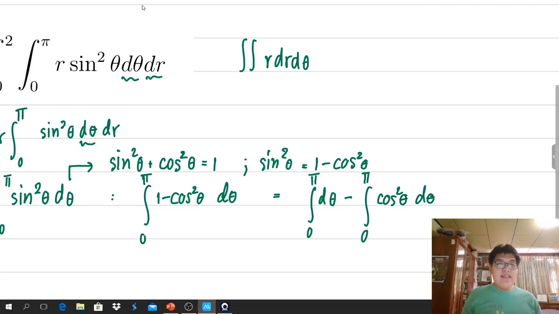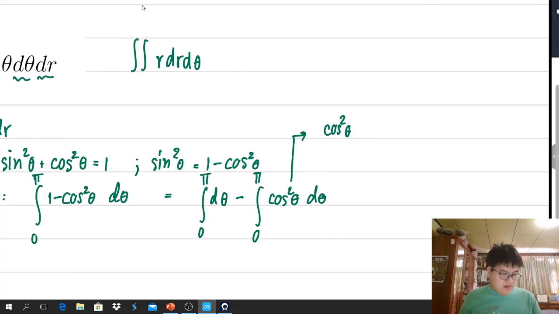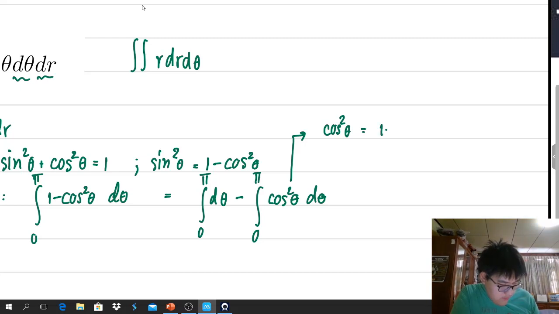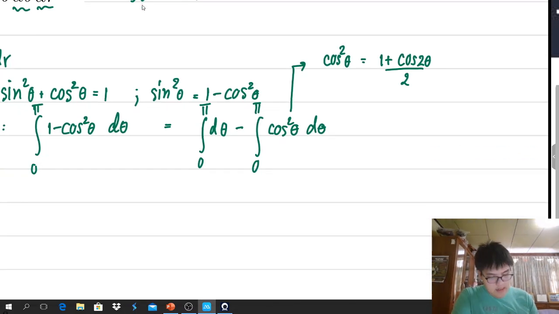This one you also have to use a formula for. We will use the formula cosine squared theta equals 1 plus cosine 2 theta over 2. And then how do we get it? We will do it. This one we will get only theta, and the bounds are 0 to pi.